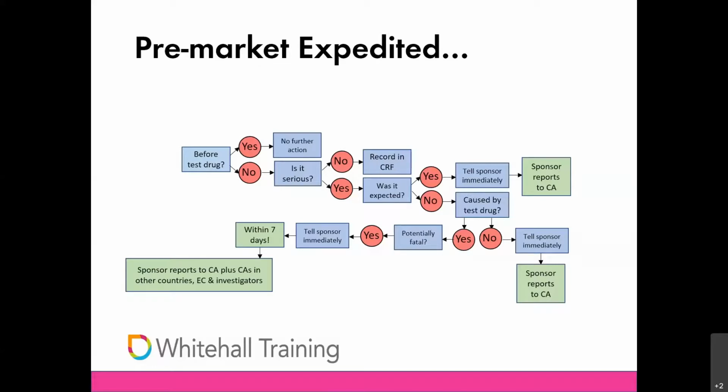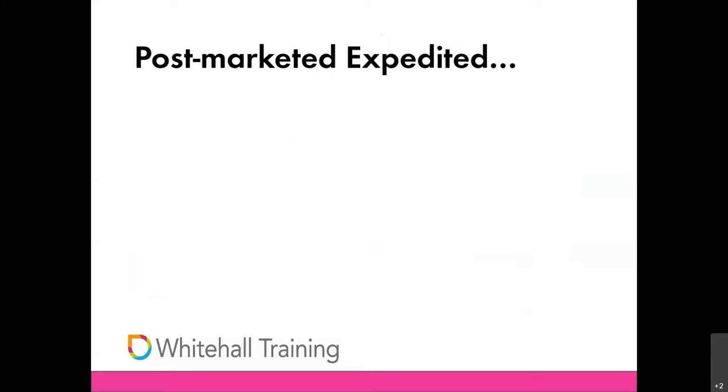And the complete report needs to include an assessment of the importance and implication of the findings, including any relevant previous experience with the same or similar medicinal products. If it's not potentially fatal, then the same process applies, but they just have a little longer to do it. They have 15 days.